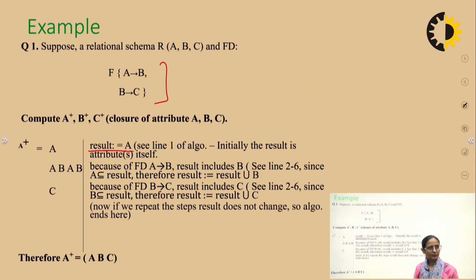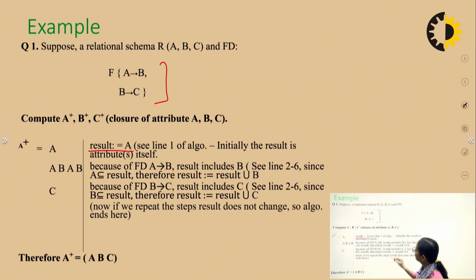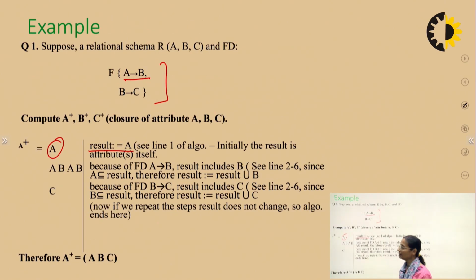Then for each functional dependency, we need to check this condition. So here, this is my result part. This FD is suitable for this criteria, so my new result set becomes AB.